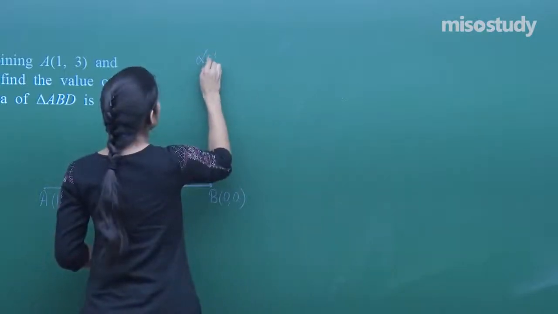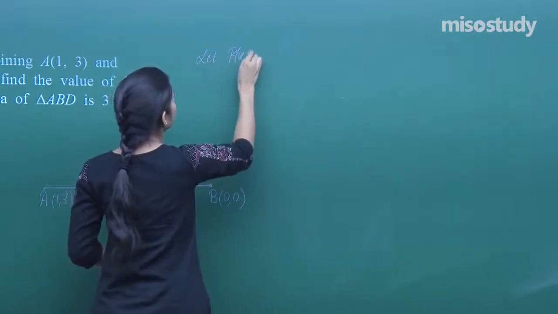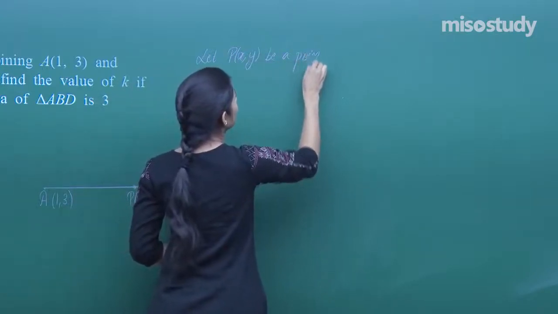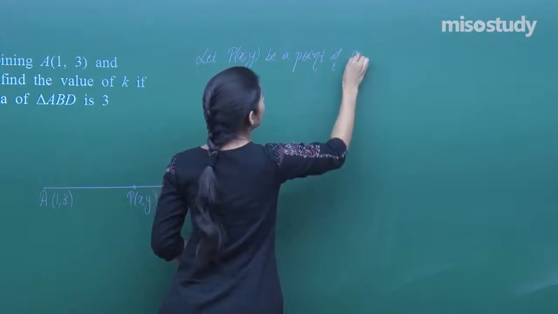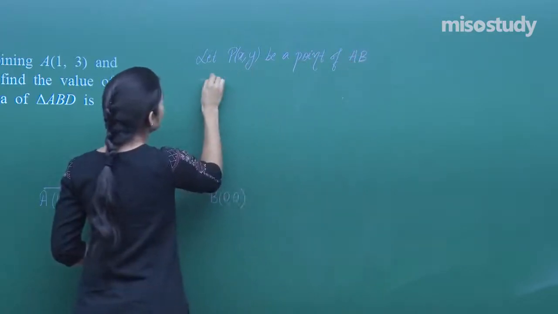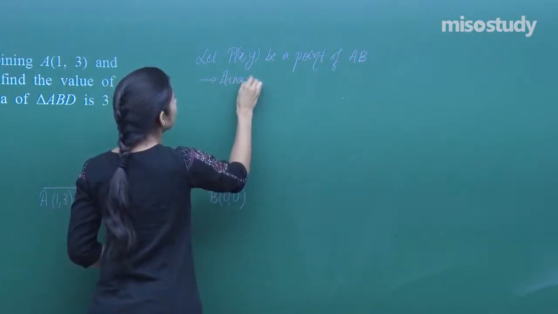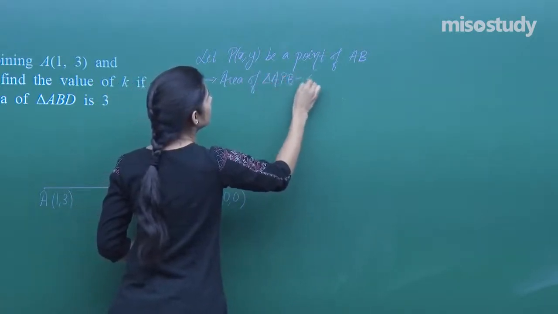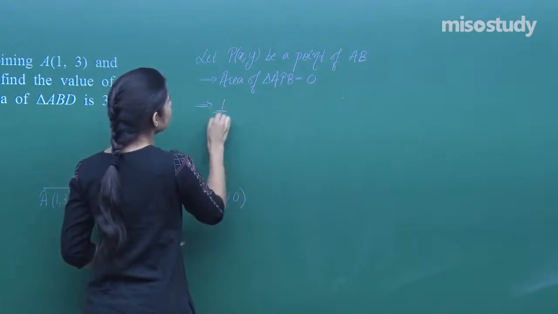I am saying let P(x, y) be a point on AB. This implies the area of triangle APB is 0, which implies the determinant approach.